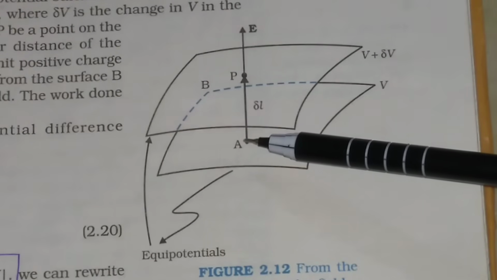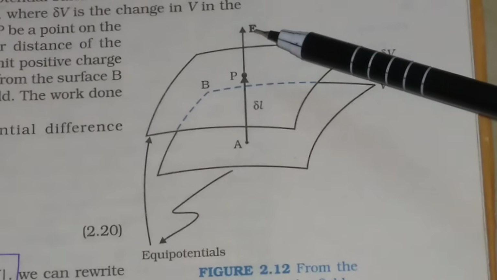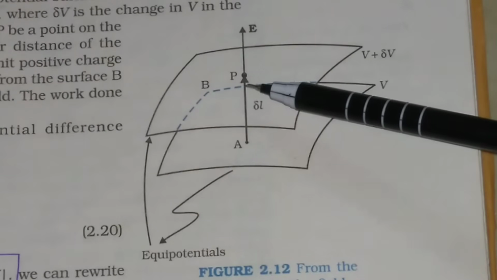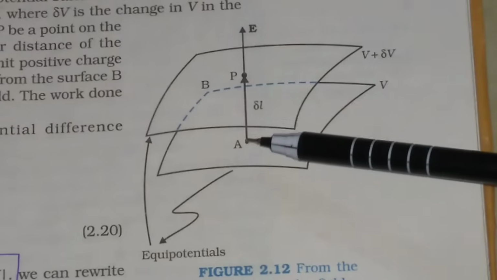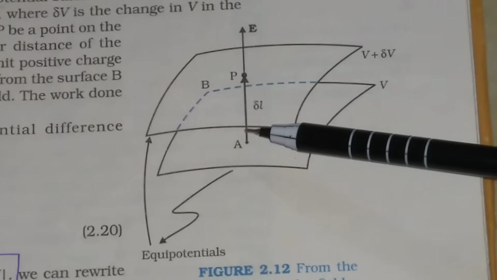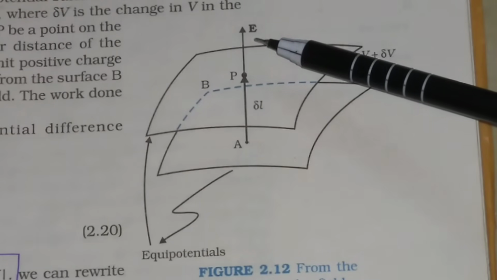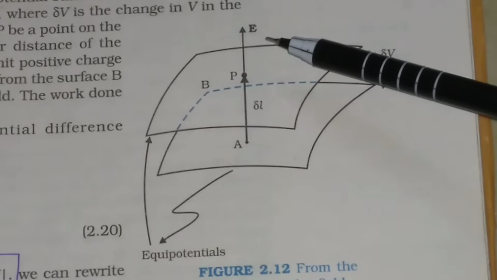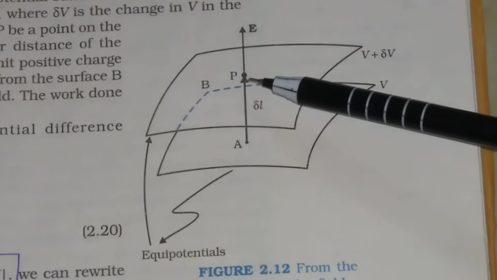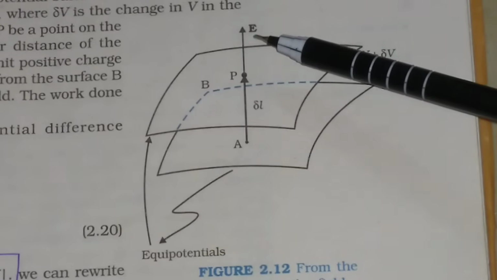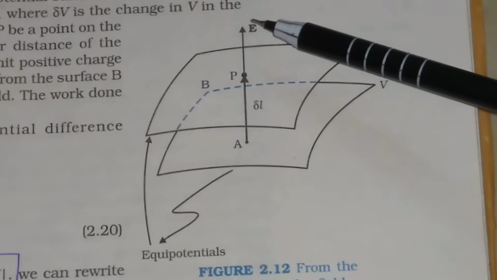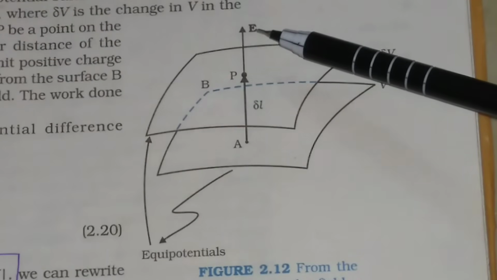Work done will be equal to the magnitude of the field multiplied by the length delta L, because the field is equal to the force by charge, and here we have taken the unit positive charge, so force is nothing but the field.